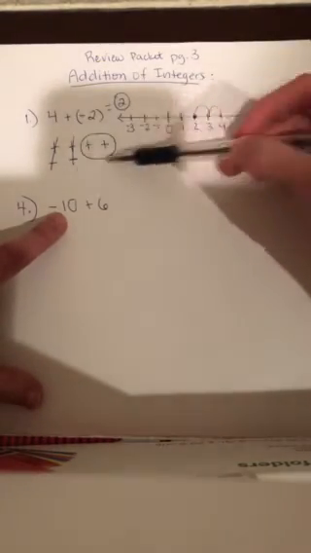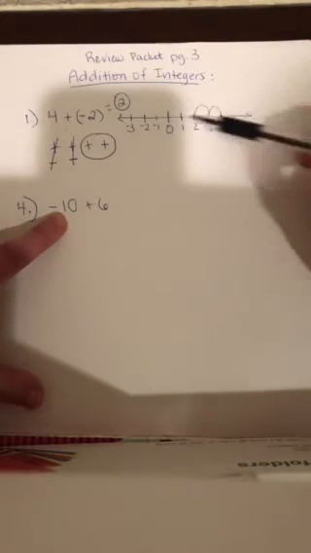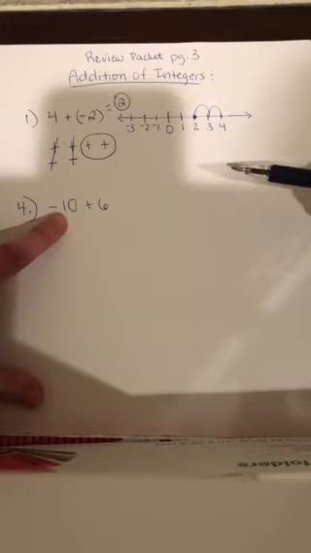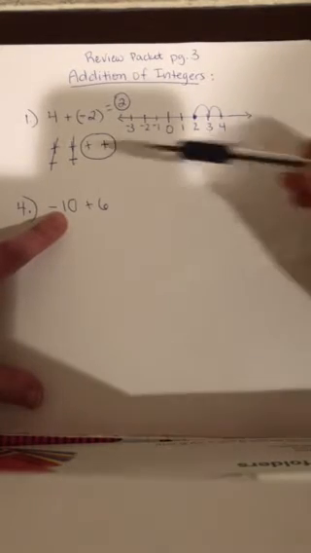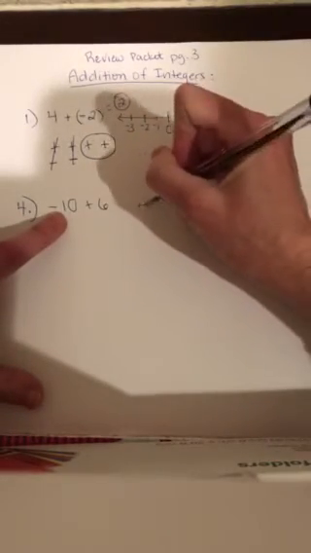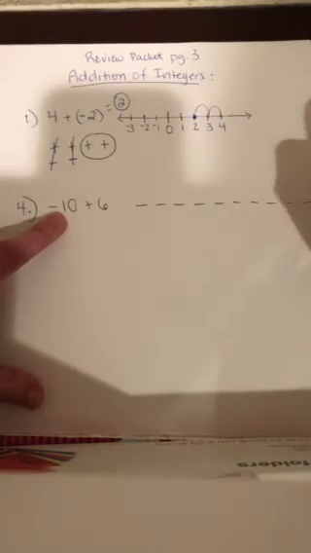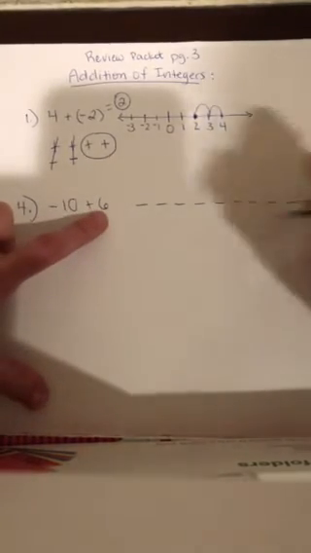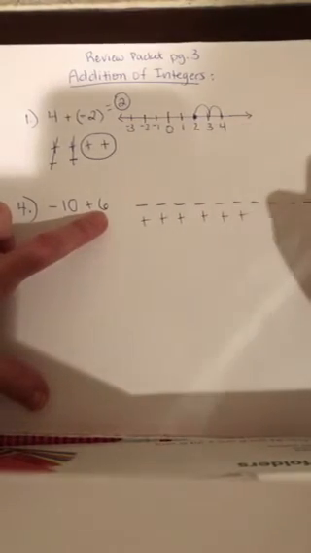And I find that this strategy is really useful for kids who are having trouble with the number line and who are just struggling with it so that they're not getting accurate answers. So this really helps, okay? So we're going to do a -10. 1, 2, 3, 4, 5, 6, 7, 8, 9, 10. -10 plus 6. 1, 2, 3, 4, 5, 6.